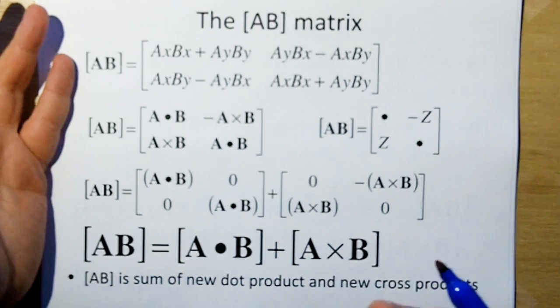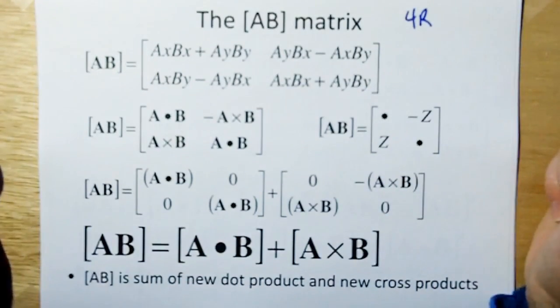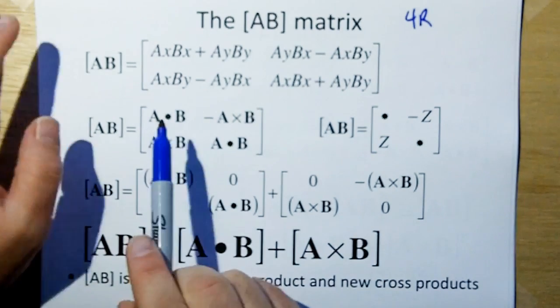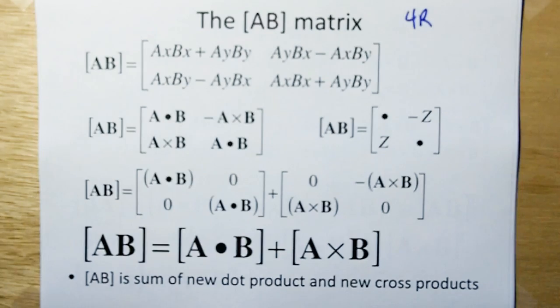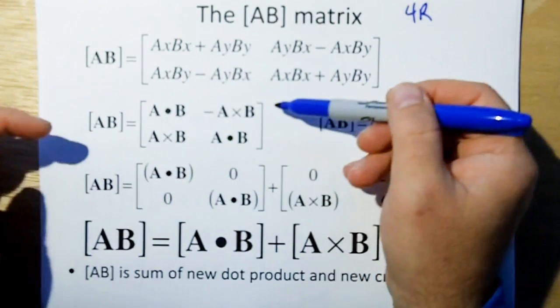And if you apply the right-hand rule, which now you're going to be using the 4R rule set instead of the right-hand rule to figure out where all the components go, you find out that the classical dot product appears along the main diagonal, and the classical cross products appear everywhere else.